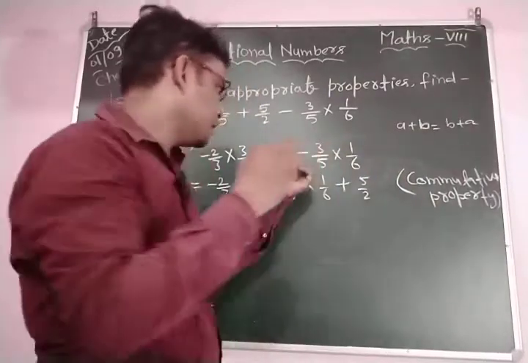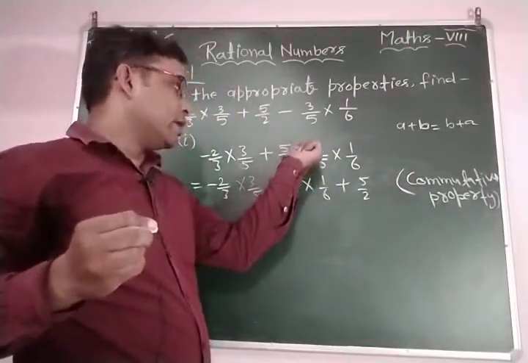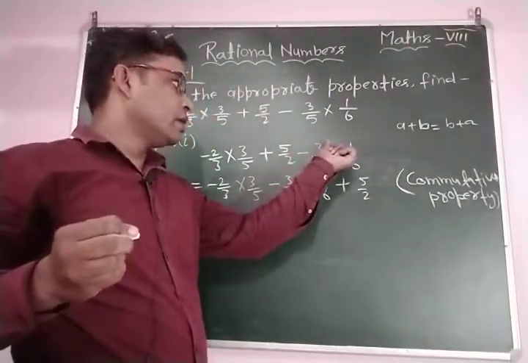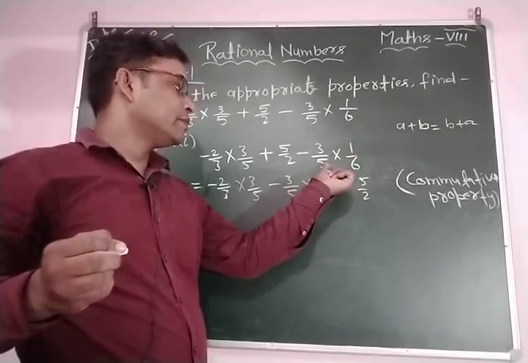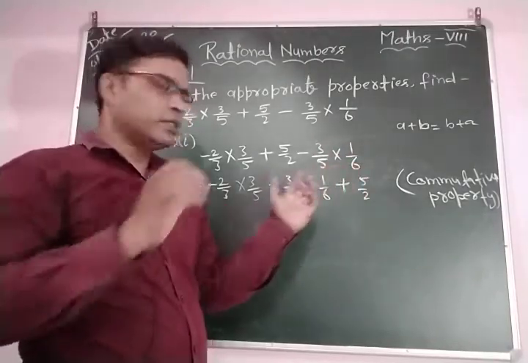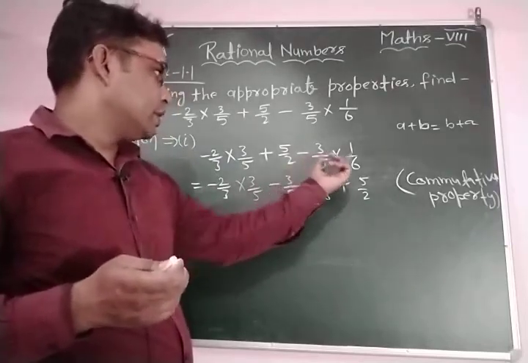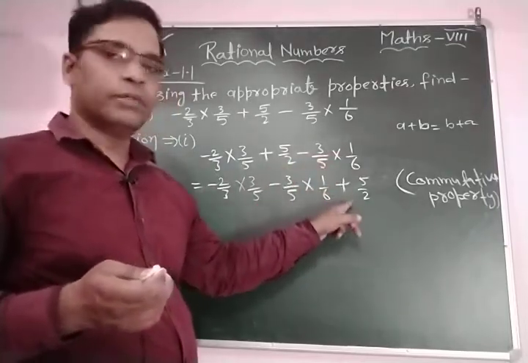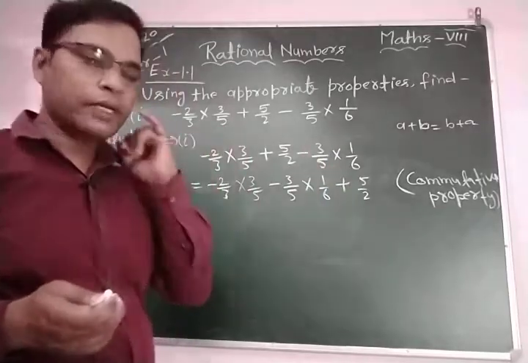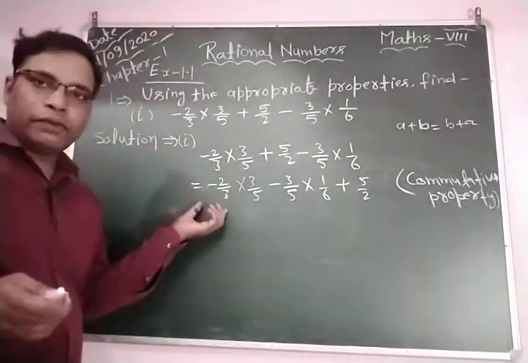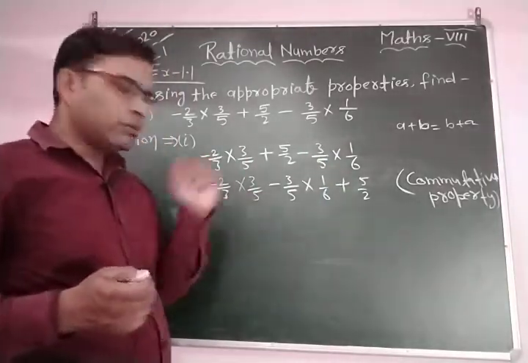So here you can see 5 by 2 minus 3 by 5 into 1 by 6. We just rotate these, and write this term first and then 5 by 2 after it. So here we use the commutative property.